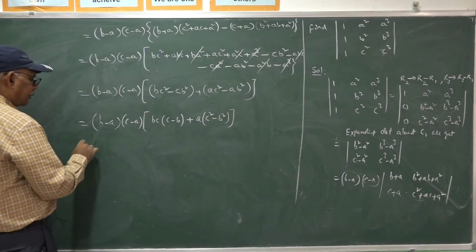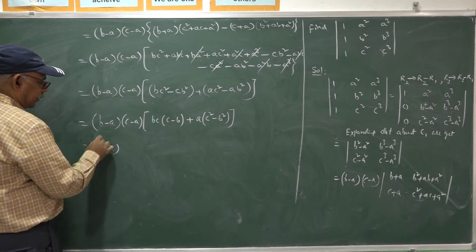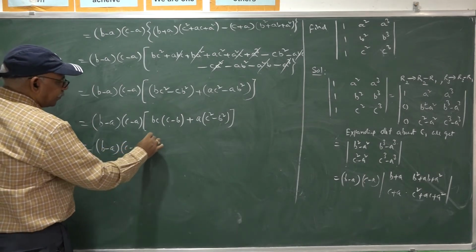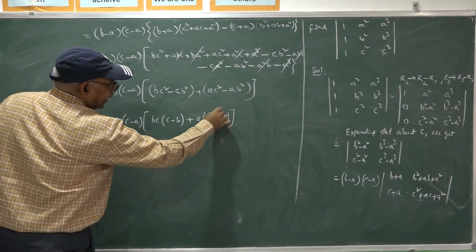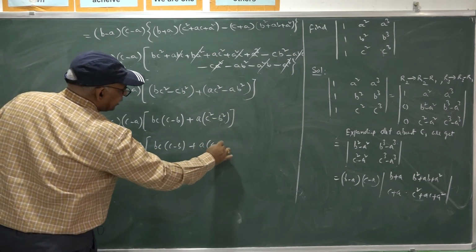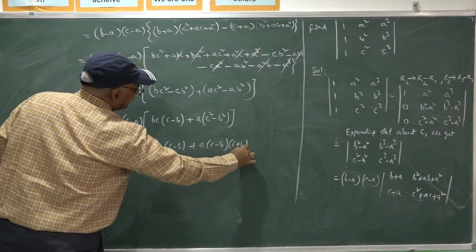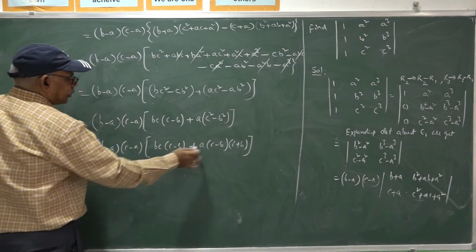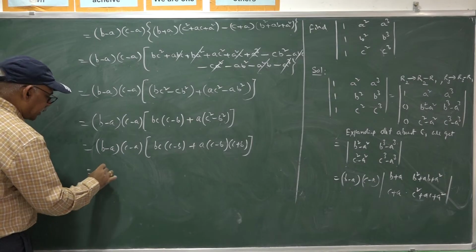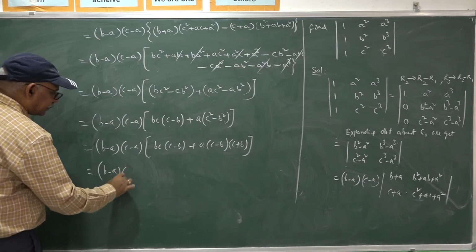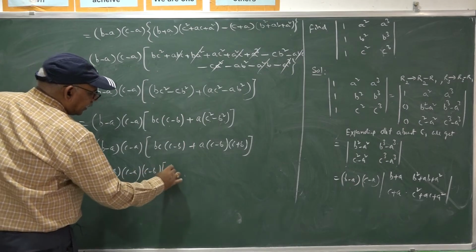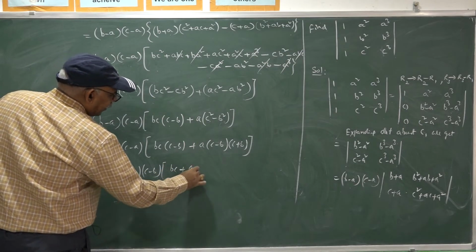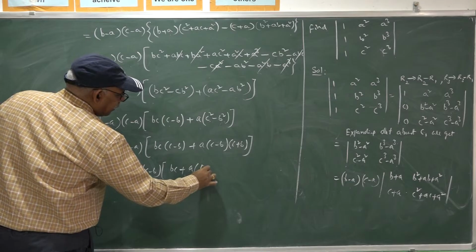Still you can factorize C square minus B square as C minus B into C plus B. Now from these two terms you can take C minus B as common, so that the remaining terms are A into C plus B.